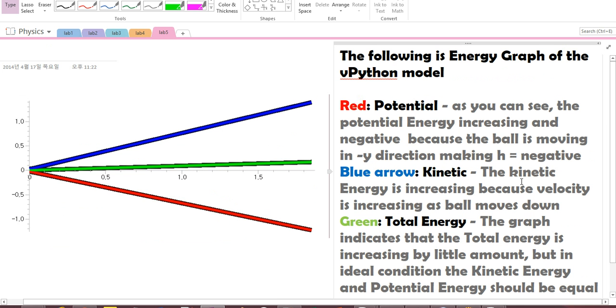So for the energy, red is the potential energy and blue is the kinetic energy. Potential energy is negative because the ball is traveling in the negative y direction, making h negative, while the kinetic energy is positive because the ball is speeding up. And total energy in green is almost zero because these two energies cancel out.